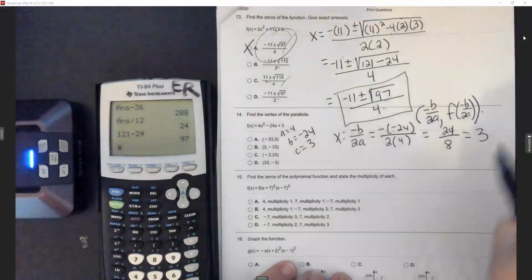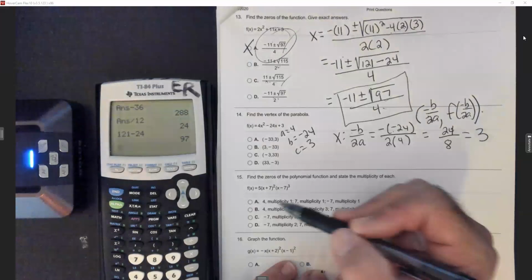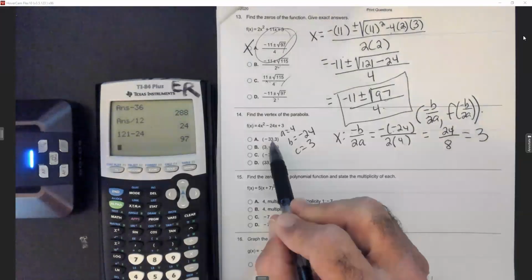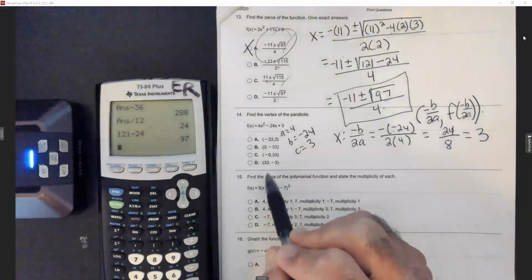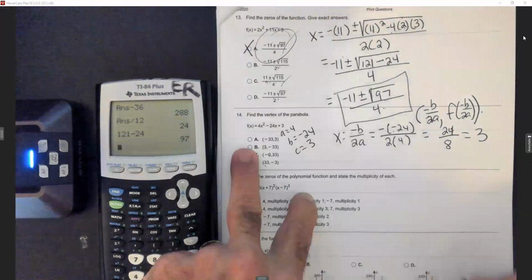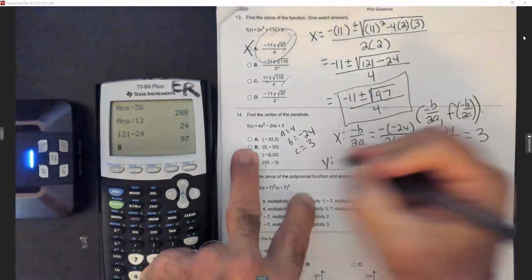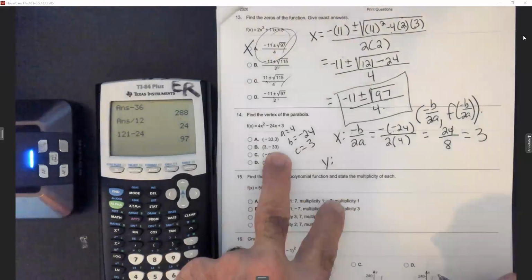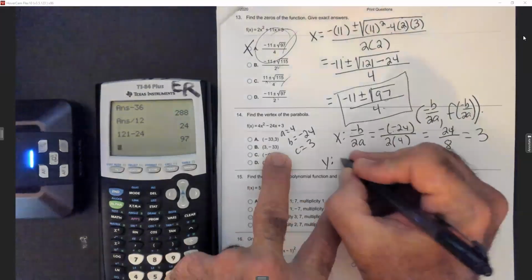Well, at that point, I know there's only one answer I can pick that's got an x value of 3. That's got negative 33, that's got negative 3, and that's got positive 33. So I know the x will be 3. So when I'm done, my y value better be what? Negative 33. And to find that y value, I find f of 3.